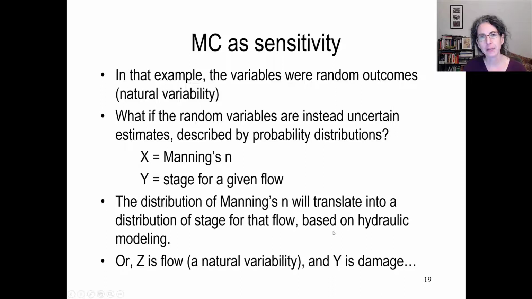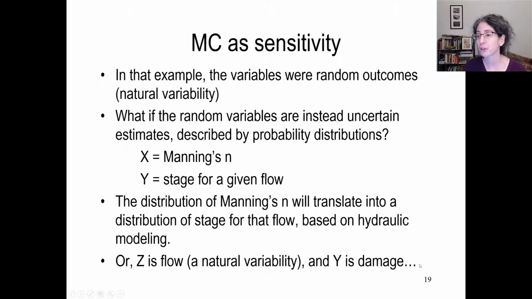Another possibility is that instead of computing the distribution of stage for a given flow, we can reintroduce flow as a random variable z, right? So we bring it back in as a natural variability, and now for every sample member of Manning's n, variable x, and every flow, variable z, I can compute my new output y, damage, right?